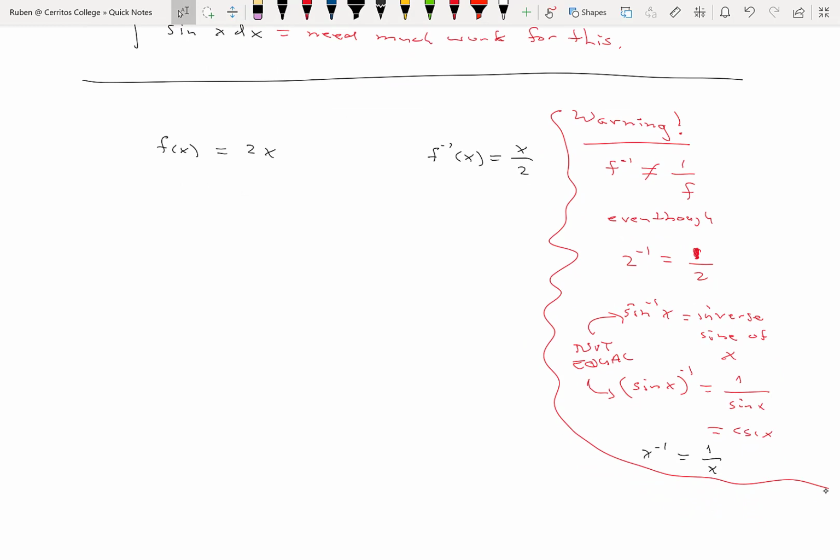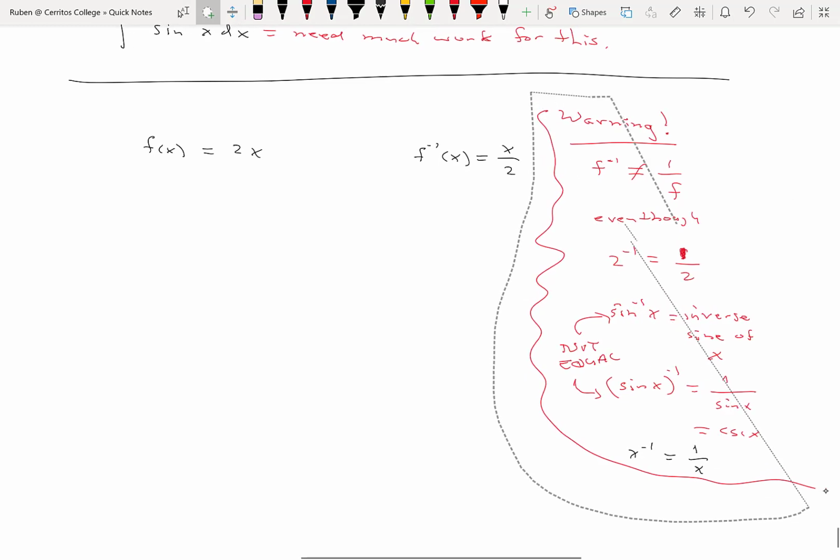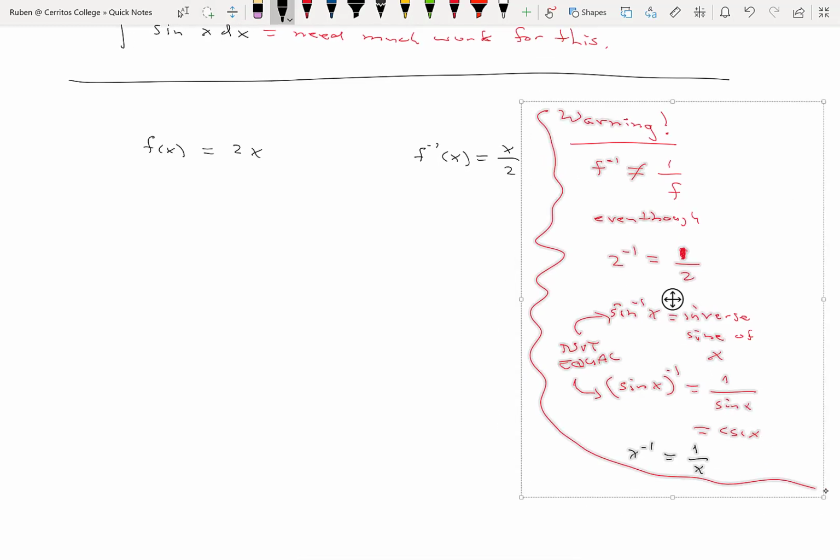So the inverse of doubling is to take 1/2. I'm gonna see if I can move this warning over because I've kind of put it in the space where I need here. I'm still getting used to this surface, so please bear with me here. Okay, so it's not going to work. I'll get better with this as the semester goes on.